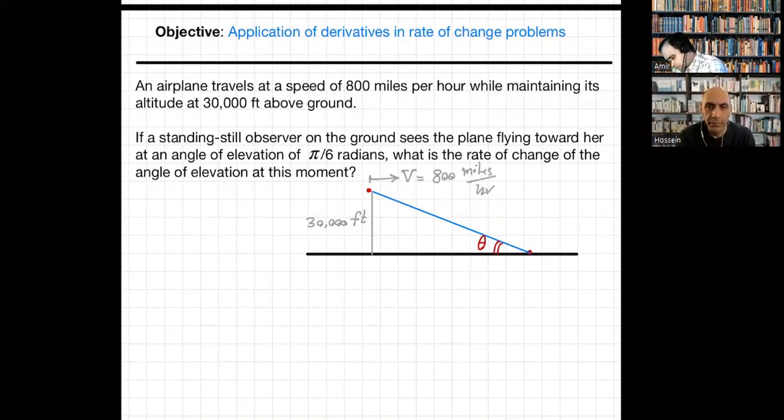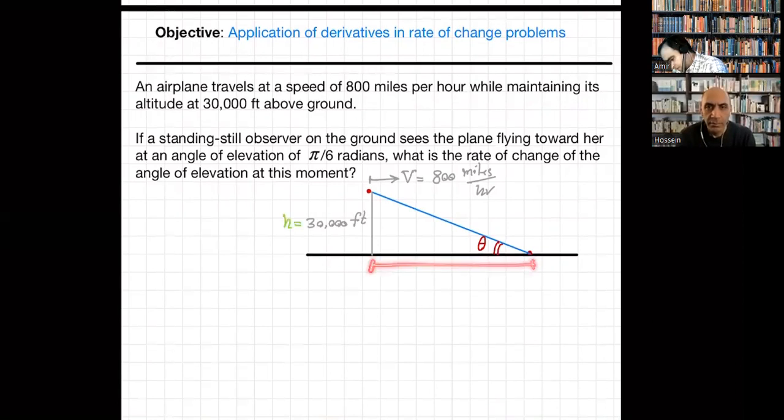So let me define this as h, and let me define this length as x. h is constant, but x is decreasing actually.